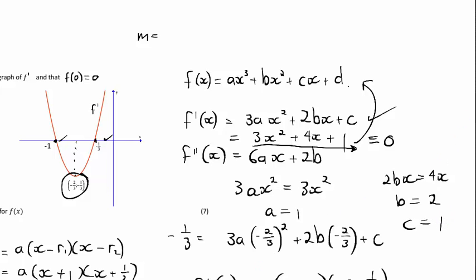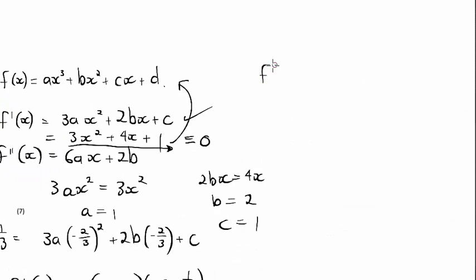1. So far we have that f(x) is equal to x cubed plus 2x squared plus 1x plus d. We just don't know what d was because this one didn't have a d in it.